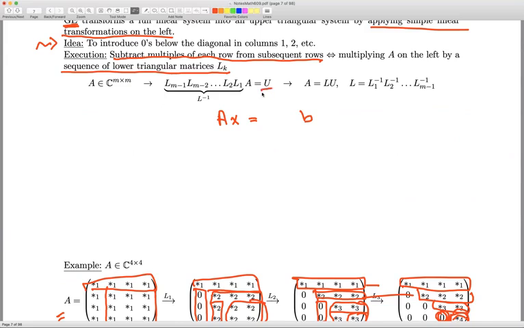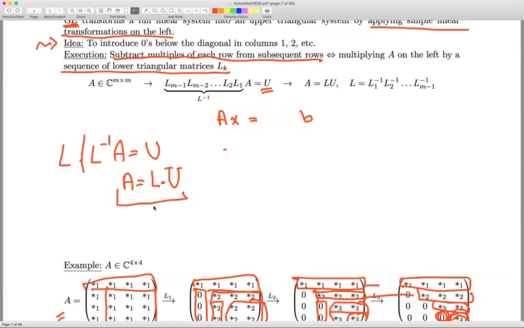And as a result, we will end up with the matrix U. Now if we look at the product of those matrices, this will also be a matrix of dimension M times M, and we will see that this matrix will be invertible. If we write this matrix as L inverse, then L inverse times A is equal to U. And if we multiply both sides on the left by L, we have that the matrix A is equal to L times the matrix U.